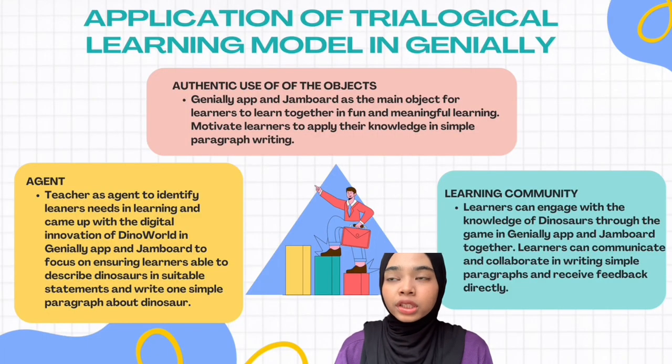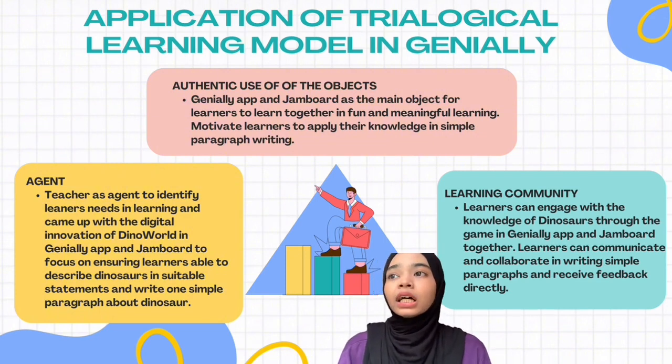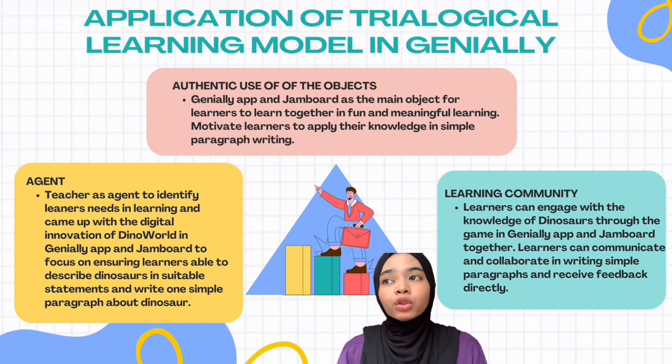Moving on to the application of the trilogical learning model in Genially. As we know, we have been using the trilogical learning model that consists of three mains that are related to each other in a pyramid way.